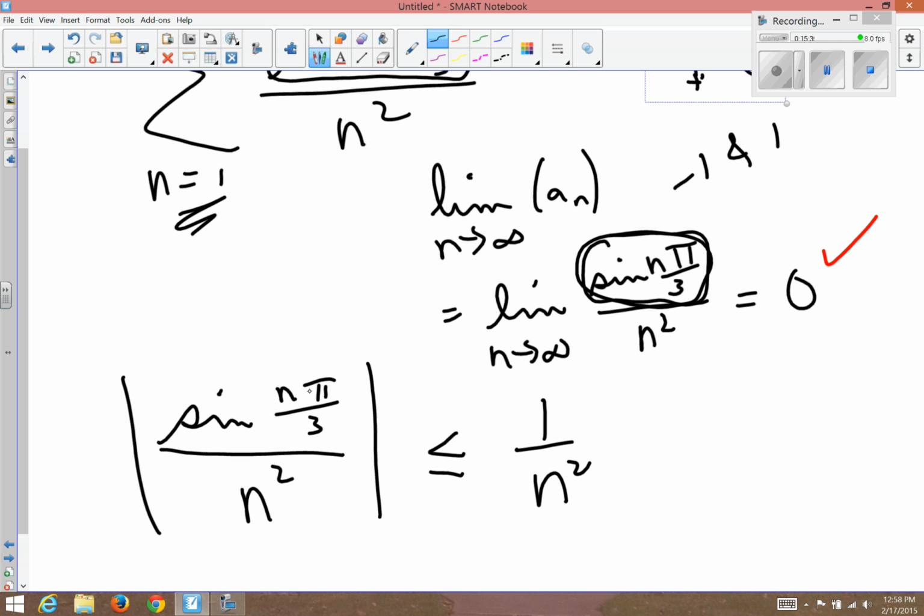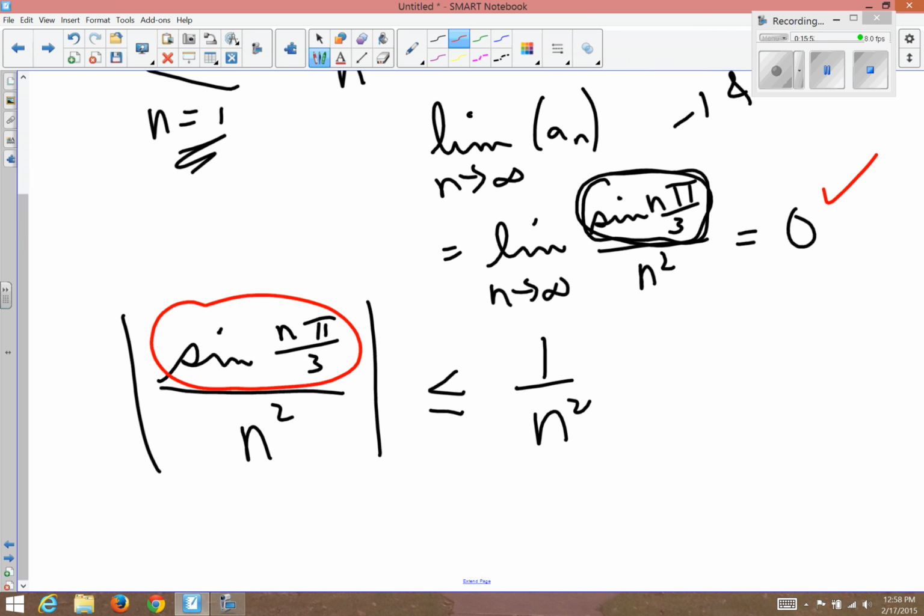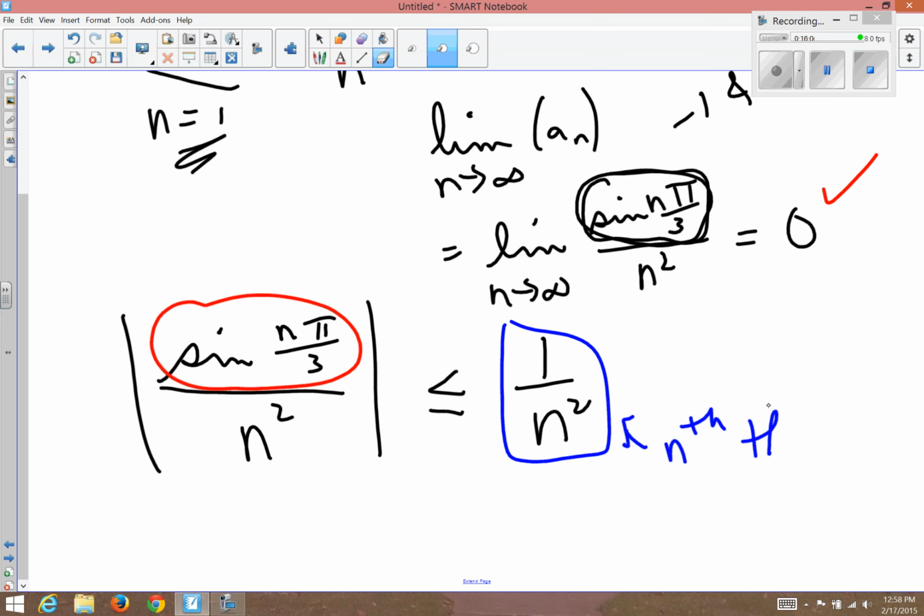That means this has to always be less than that. The absolute value of this numerator, the most it could be is 1. It can't possibly be greater than this. And this is the nth term of a p-series that converges.